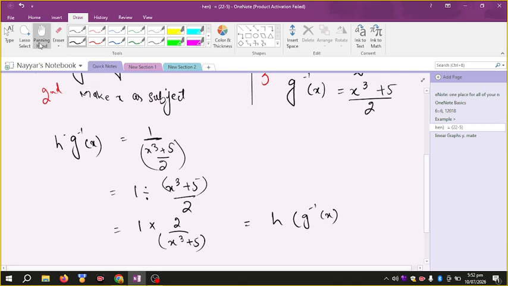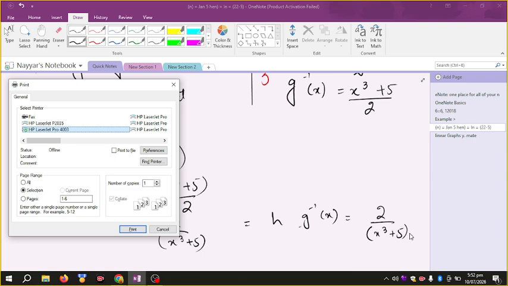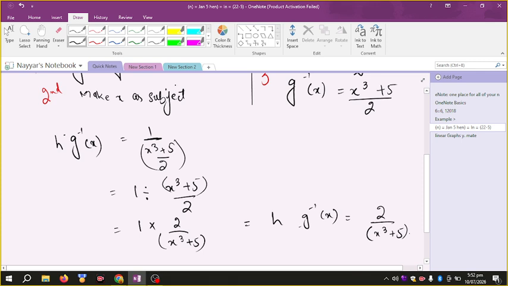Miss, when it's h of g inverse x, doesn't it mean that you're supposed to multiply the 1 from 1 over x with x cube plus 5 by 2, and not the opposite way? I'm confusing this part now. Imagine it was 2x cube; you would multiply 1 over x with the x value, and then plus 5 over 2.